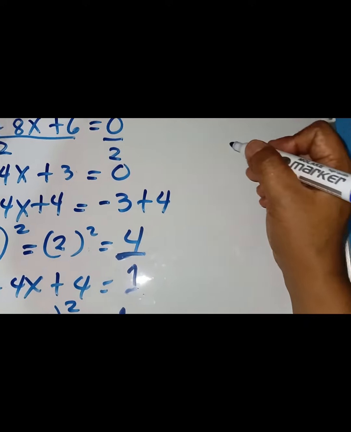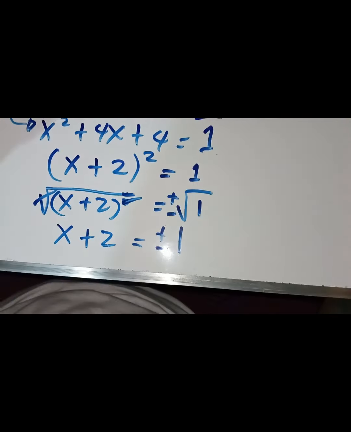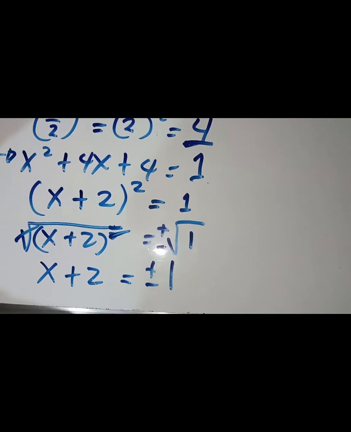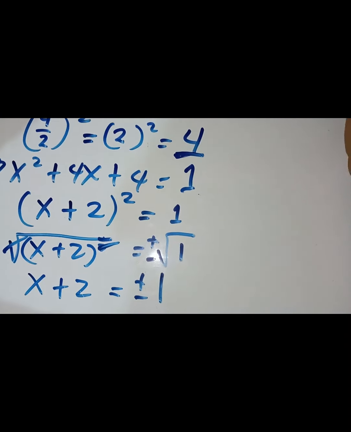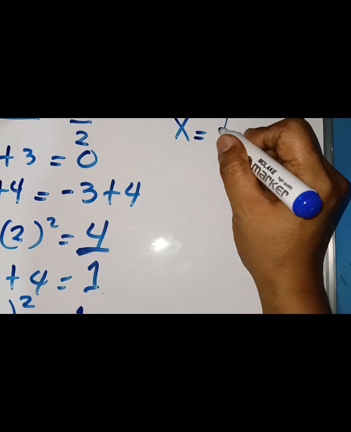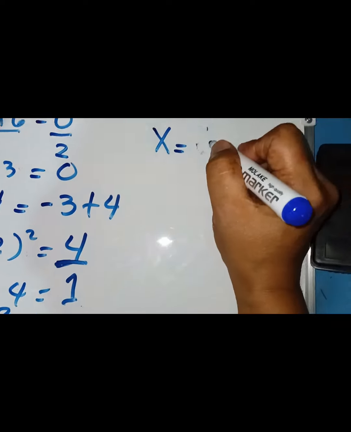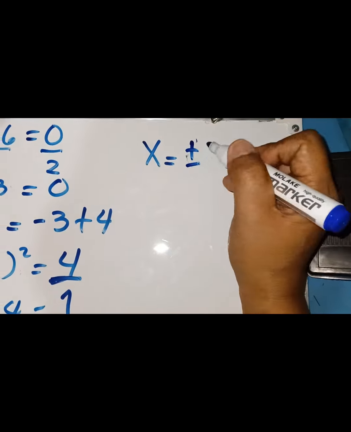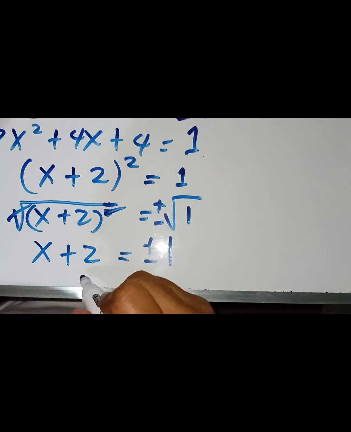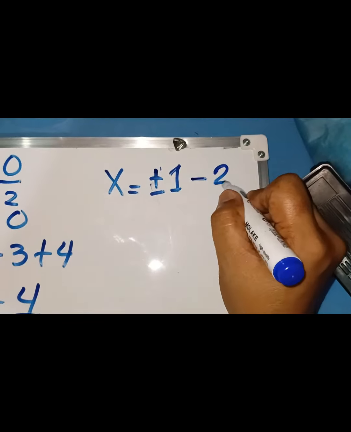So, we can now determine our x. Transposing positive 2 to the other side, we have x is equal to negative 2 plus or minus 1. From positive, it becomes negative 2.